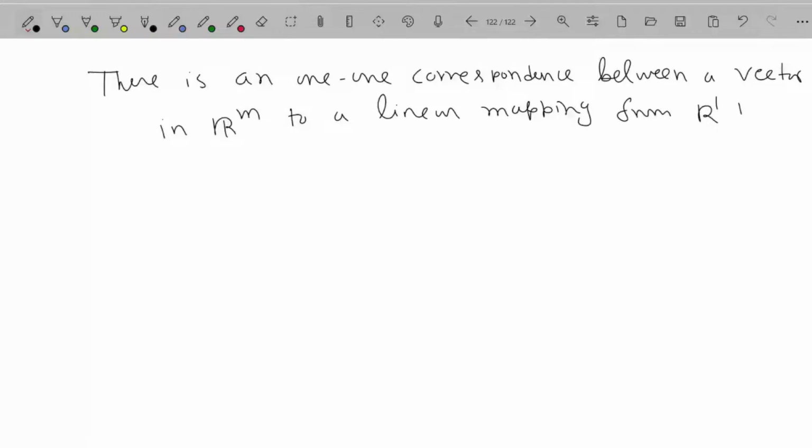Because there is such a thing, we can think of a vector as a linear mapping.